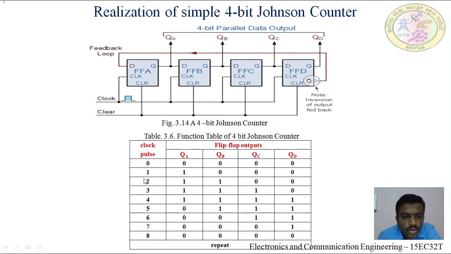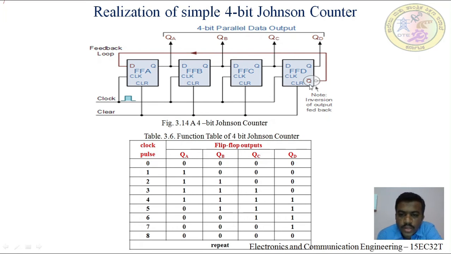When the second clock pulse is applied, this binary 1 will be shifted to the output of the first flip-flop, making the QA output equal to binary 1. And the binary 1 value present at the input of the second flip-flop will be shifted to the output of the second flip-flop, making QB equal to 1. And the outputs QC and QD are still 0.